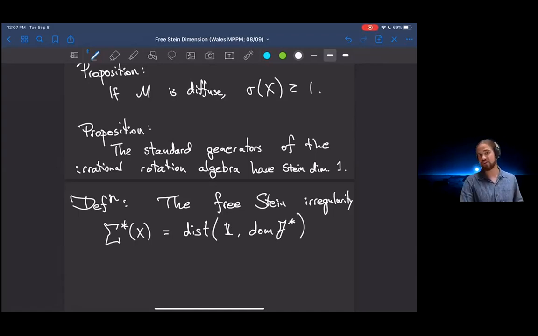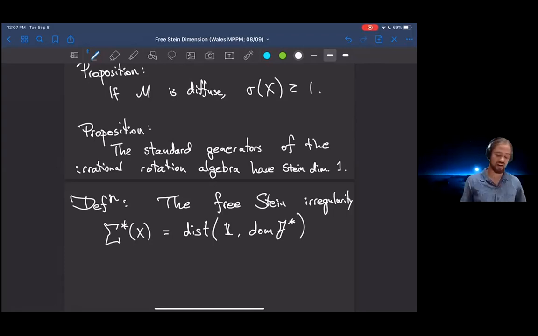Because if the identity matrix is in the domain of J star, then that was what told us that the tuple has finite Fisher information, for example. That's where a lot of nice things happen. That's enough to tell you that the domain of J star is dense within all n by n matrices. And so this measurement is really saying, how close are we to actually being in that situation where we have dense domain?